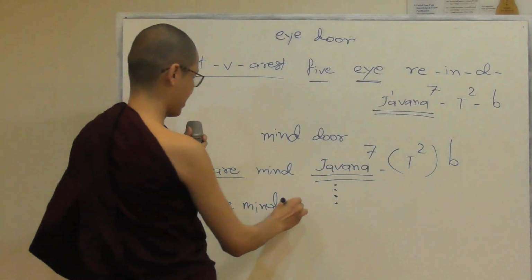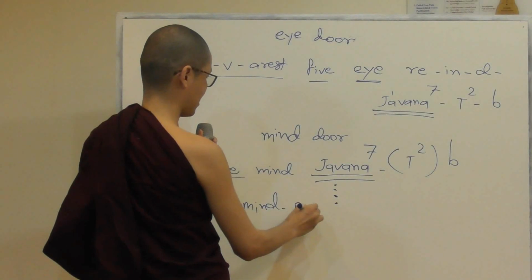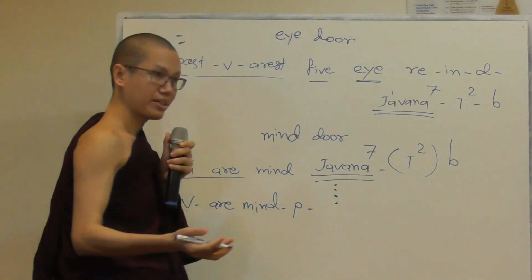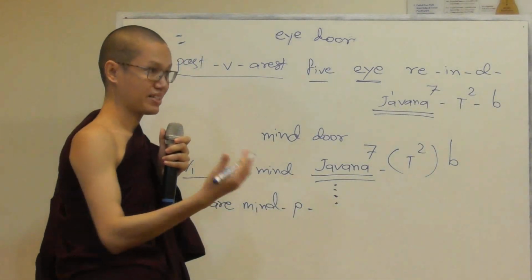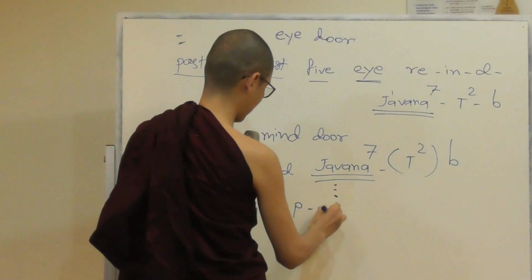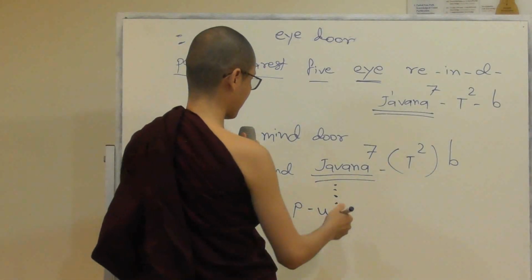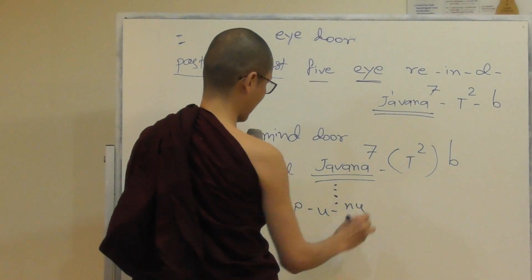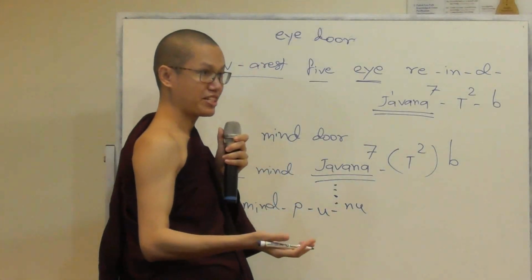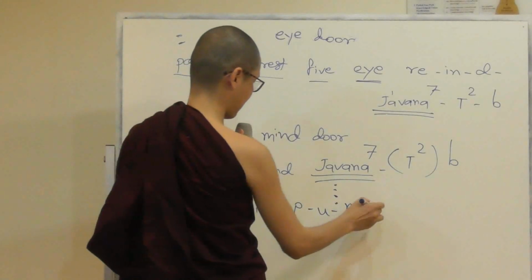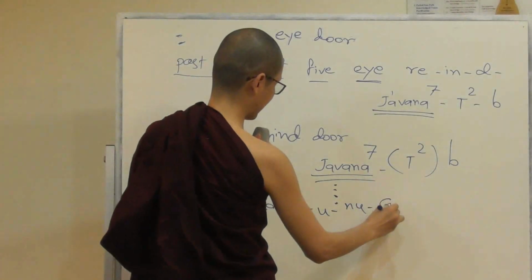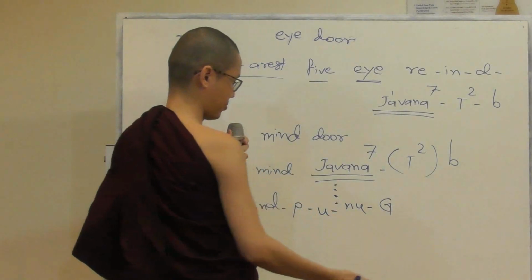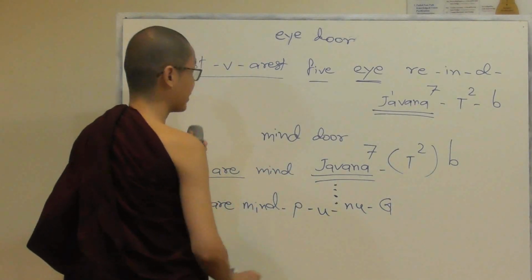After that, parikamma. Parikamma is preparing for the path. Upacara is near to the Magga, near to the path. Parikamma, upacara, anuloma. Anuloma is conformity to the path. Gotrabhu, changing lineage.